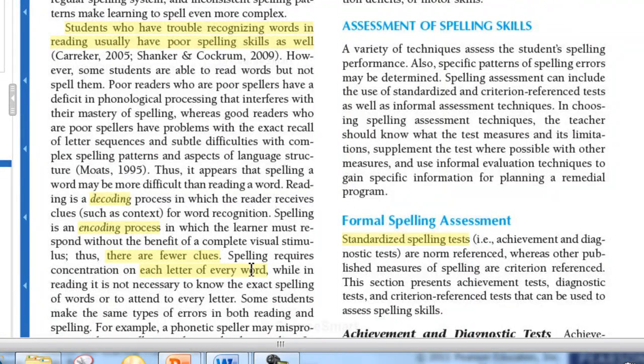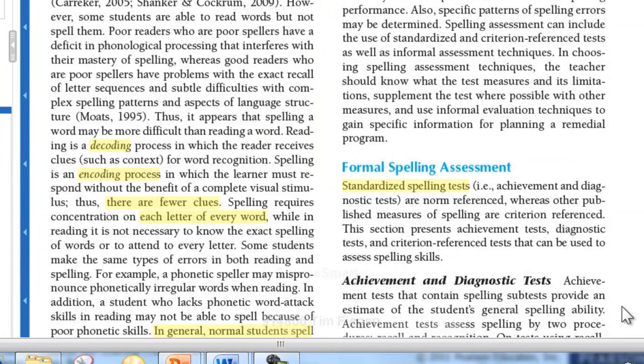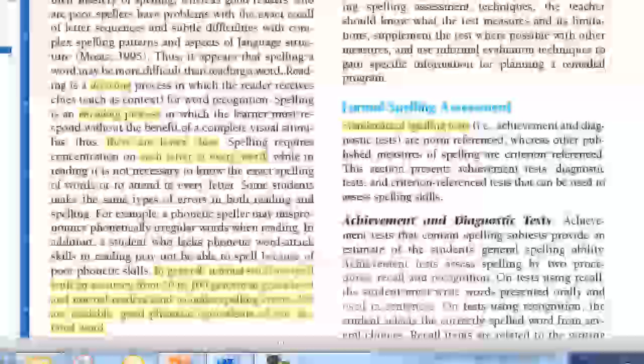And they need to concentrate on every letter and every word. When you're reading, you can kind of figure out words by looking at a couple letters and looking at it in context, even looking at pictures, and figure out what the story's about. But for spelling, you've got to know every single letter for it to be right. So that creates the problems in spelling.